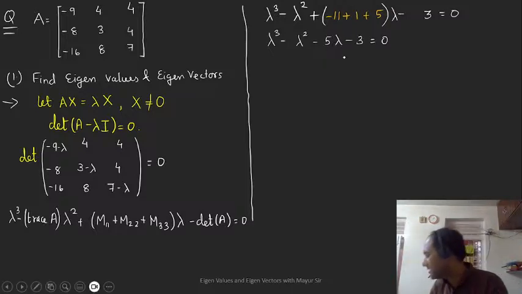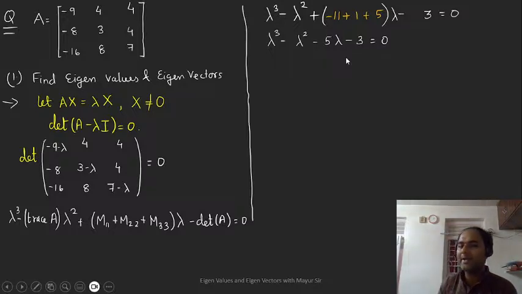What are the values that you get? Have you calculated the values? Determinant is 3, correct.